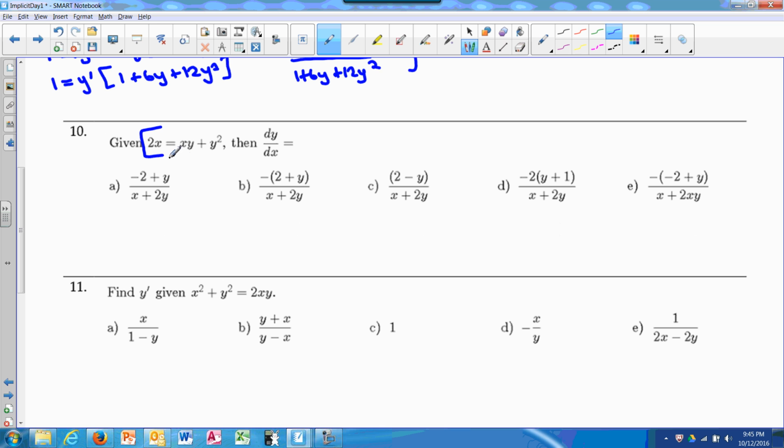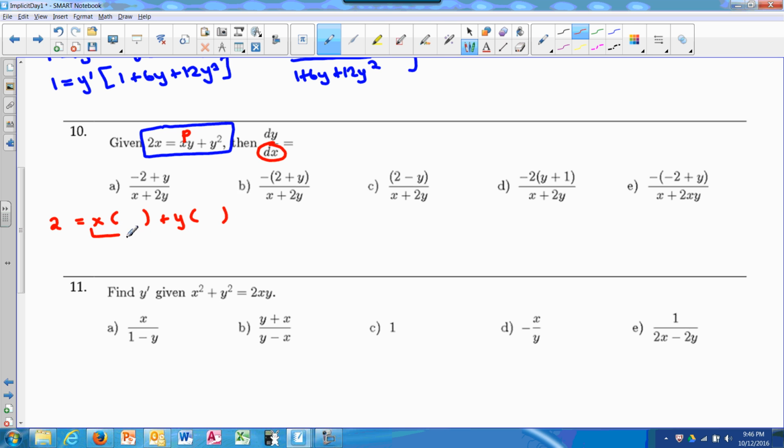So I'm going to circle, make sure I do the whole thing. I'm also going to make a note of the fact that I have a product. 2x has a derivative of 2 when we're taking the derivative in terms of x. The product is first term times the second term's derivative, second term times the first term's derivative.